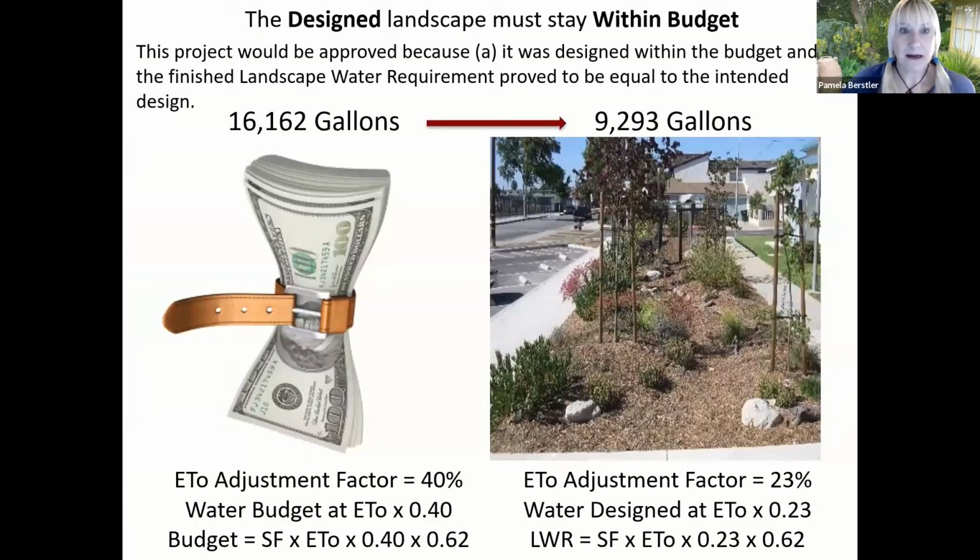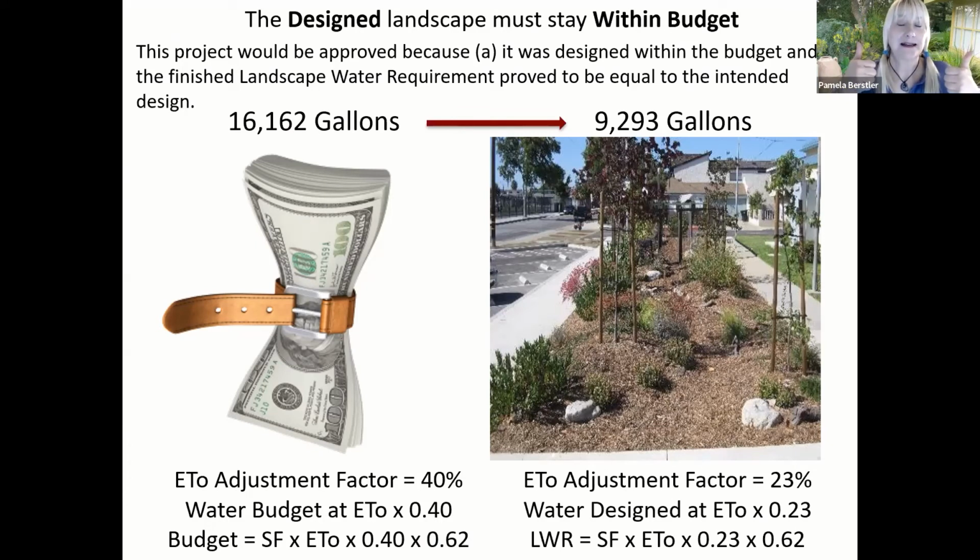Is my water budget higher or lower than my estimated water requirement? I'm going to compare these two things. My estimated water requirement is only 9,000 gallons. My budget is 16,000 gallons.